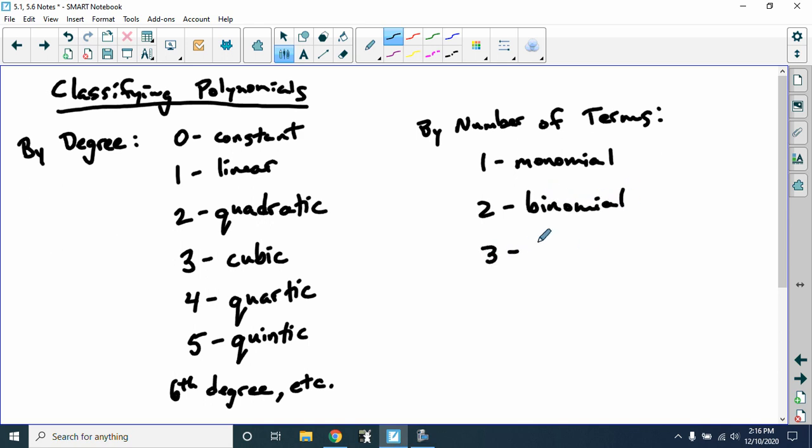And 3 terms is a trinomial. We've used these terms here before: binomial, trinomial. 1-term monomial, I don't think I've mentioned that before, but a 1-termed polynomial is called a monomial. Any more than that, we would say that it just has 4 terms or 7 terms or something like that. Any more than that does not have a special term. Quadnomial would seem to make sense for 4, but we don't call it that. Trinomial is as high as we go. Anything more is just called a polynomial.